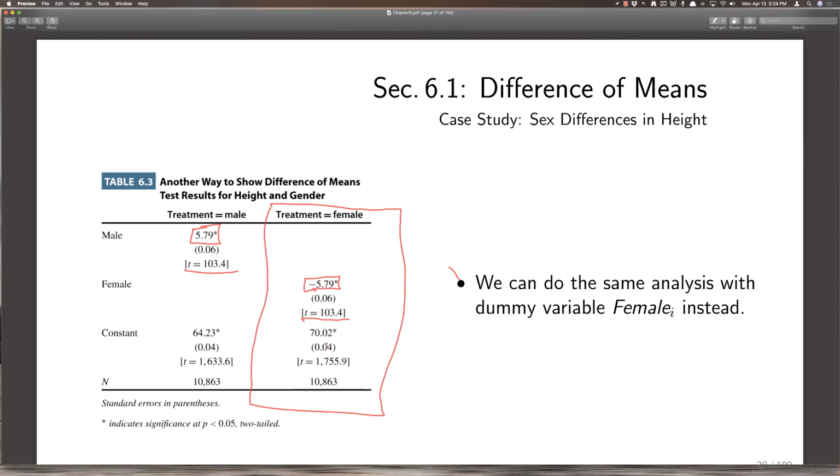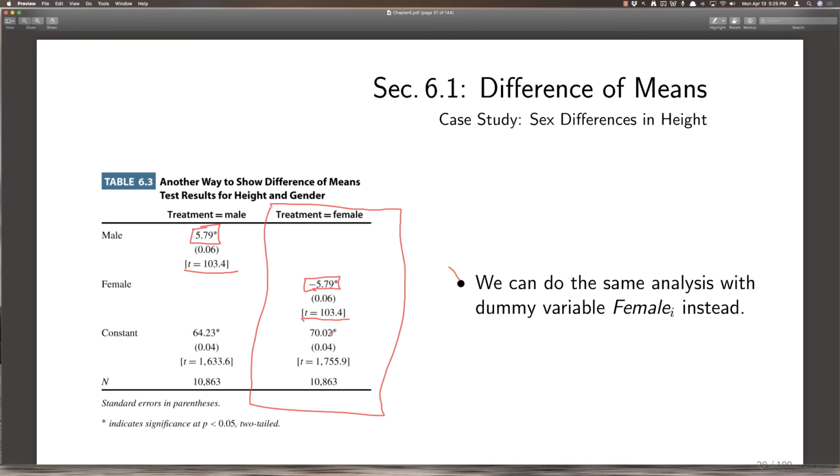If I add the difference in heights to the average heights of the non-females, I get 64.23, the average height for the females, right? I add this constant, which is the average for the non-females, to this one, which is the difference, and I get this number here.